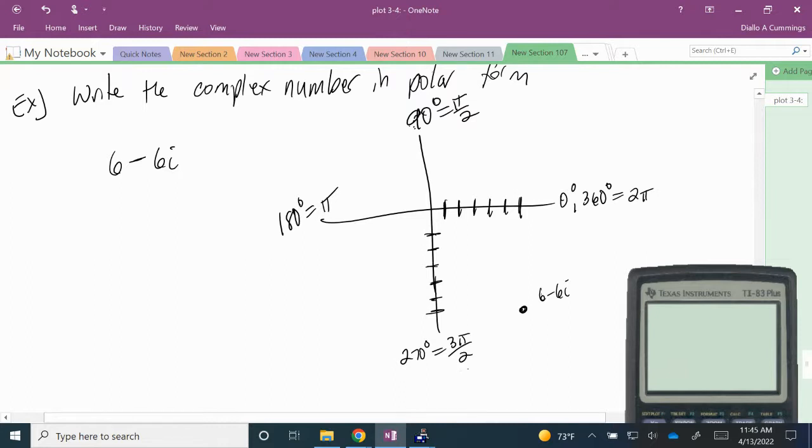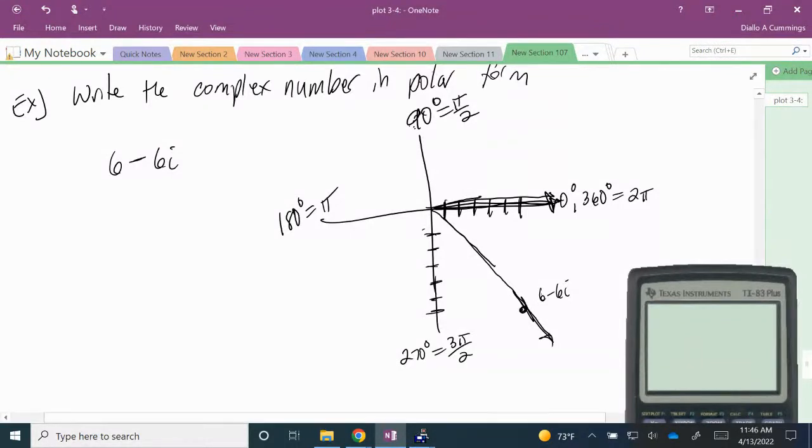So if my angle is in the 4th quadrant, it starts here and passes through that point. My angle measure should be in between 270 degrees and 360 degrees. That's going to become important once we actually find our angle measure.